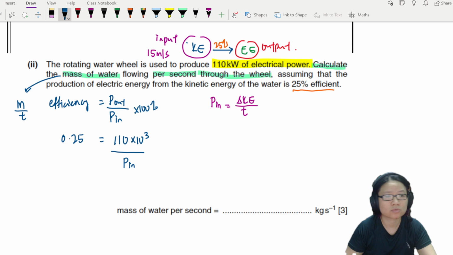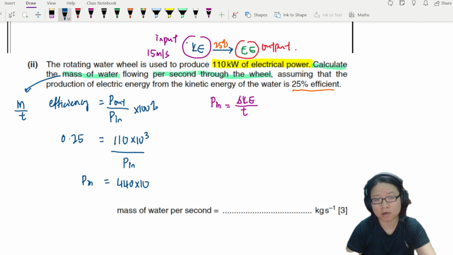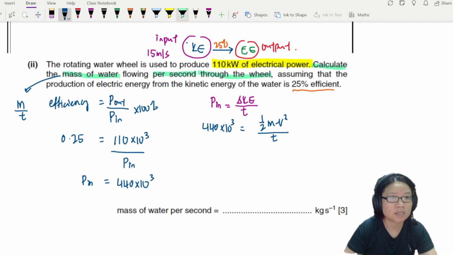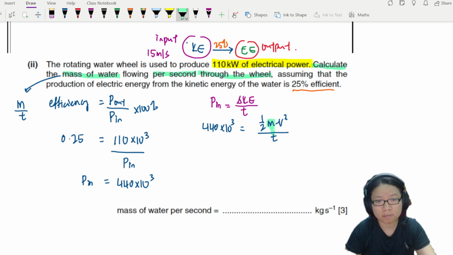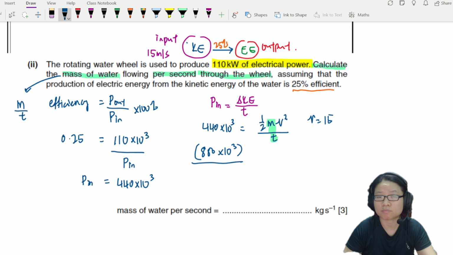So the input power is 440 times 10 to the power of 3. Change in KE is half mv squared divided by t. You see the m over t here, mass per unit time, which is what we're looking for. So now I will rearrange the equation. Half will bring up to multiply, giving 880 times 10 to the power of 3, divided by v squared. And v is 15. We just found v in the previous part of the question.